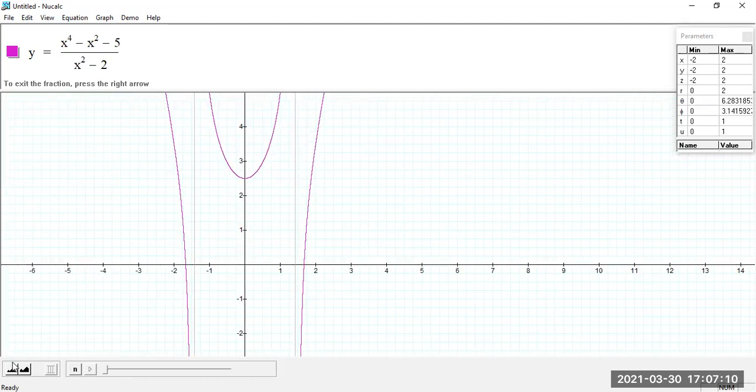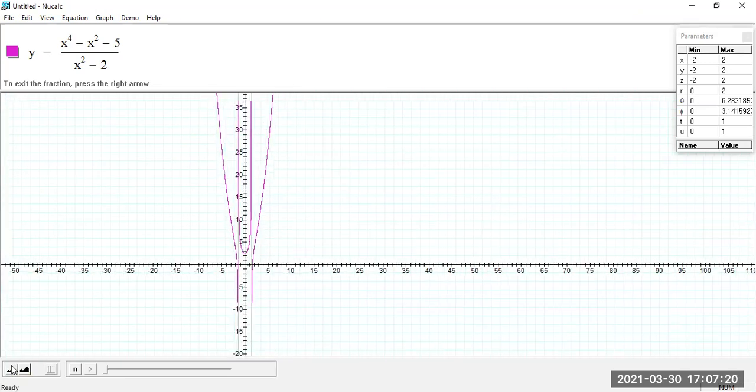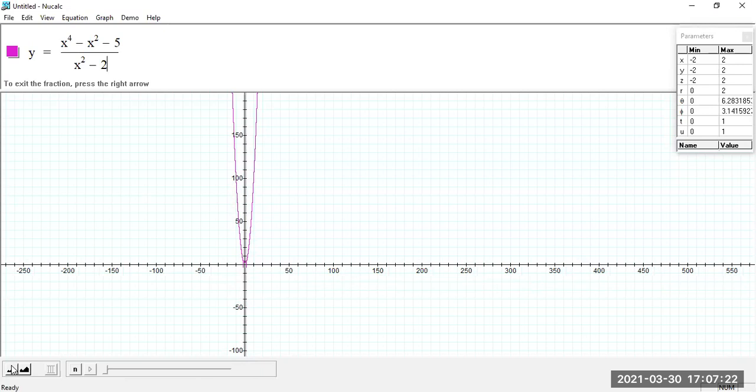That's what it looks like. When you go to the curvilinear asymptote, you basically zoom out very far. If you zoom out that far, that's the graph of x squared plus 1.